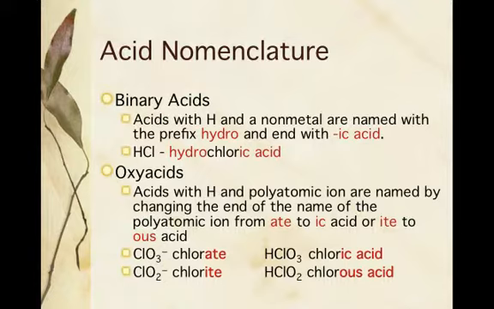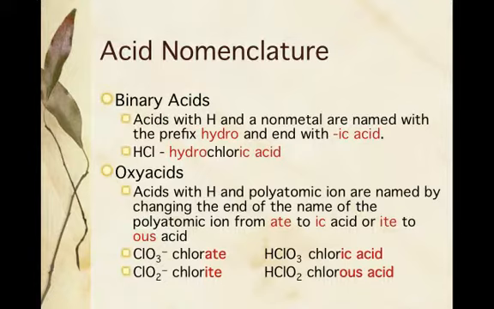But if it has more, like hydrogen, chlorine, and oxygen in it, then you will not use hydro, and you're going to change the ending of the ion. So when you look up this polyatomic ion on your ion chart, then you would change the ATE ending. If that ion had an ATE ending, you'd change it to an IC ending. If it had an ITE ending, you would change it to an OUS ending.